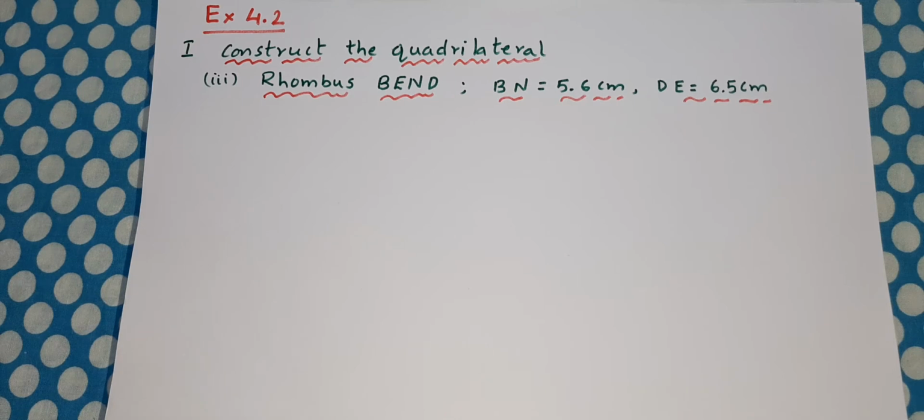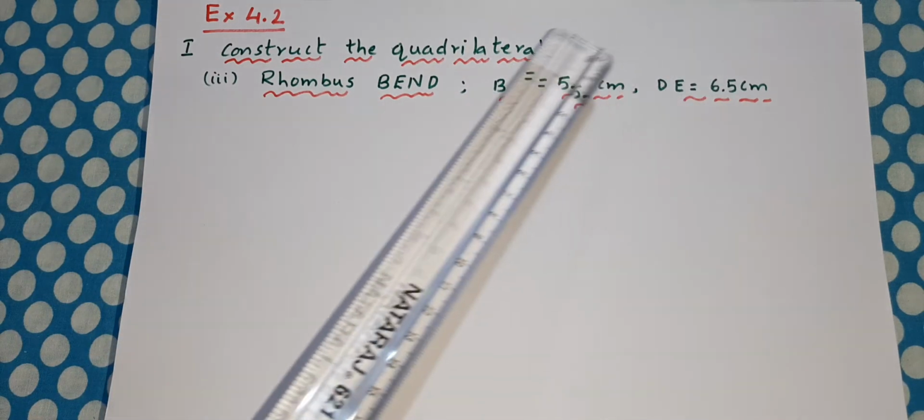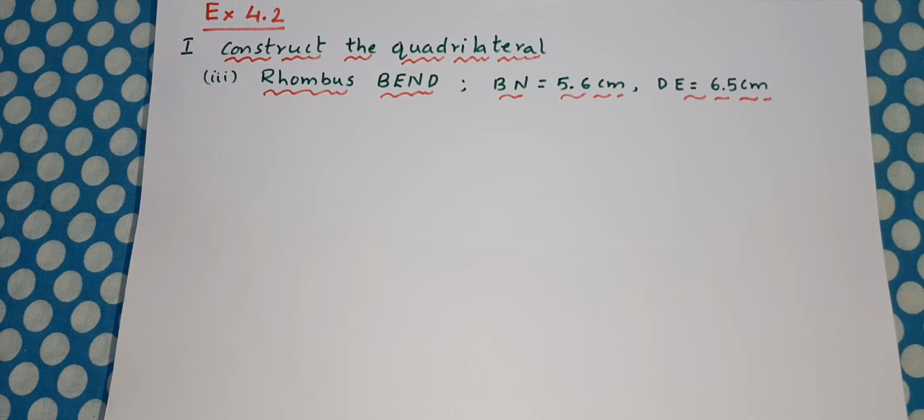So let us construct the rhombus BEND. Here they have given only 2 diagonals, and using them we are going to construct the rhombus. Once again, in a rhombus the diagonals are perpendicular bisectors to each other.